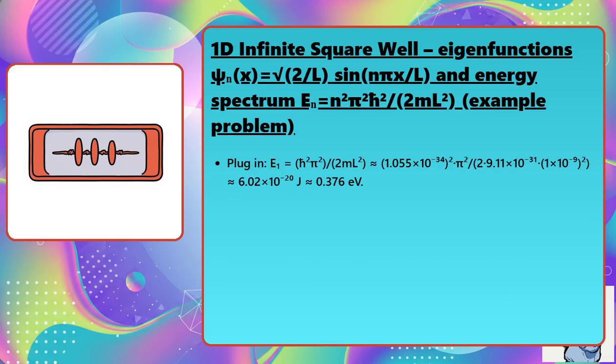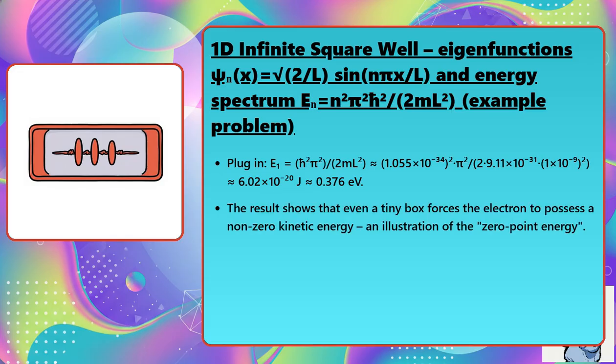Plug in E sub 1 equals h bar squared pi squared divided by 2mL squared, which is approximately 1.055 times 10 to the minus 34, squared, times pi squared divided by 2 times 9.11 times 10 to the minus 31 times 1 times 10 to the minus 9 squared, which is approximately 6.02 times 10 to the minus 20 joules, or 0.376 electron volts. The result shows that even a tiny box forces the electron to possess a non-zero kinetic energy, an illustration of the zero-point energy.